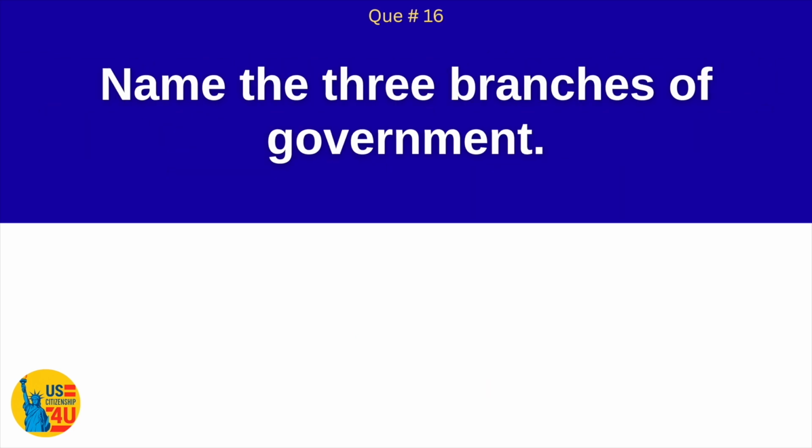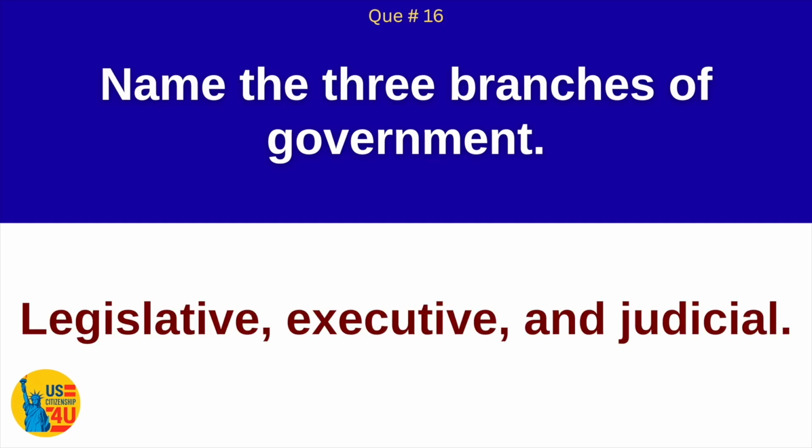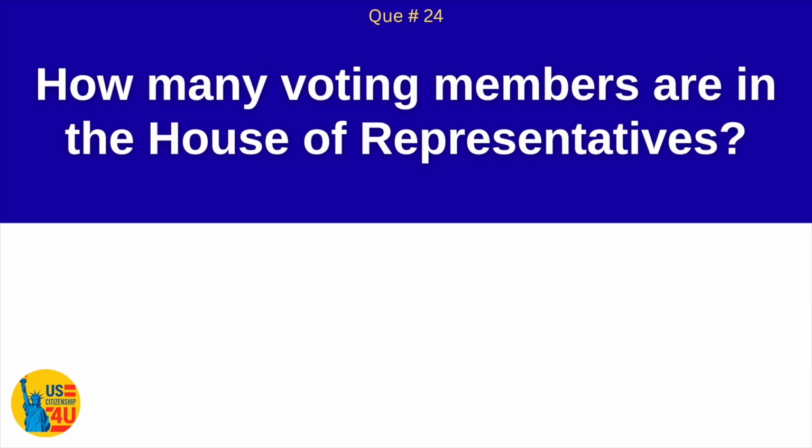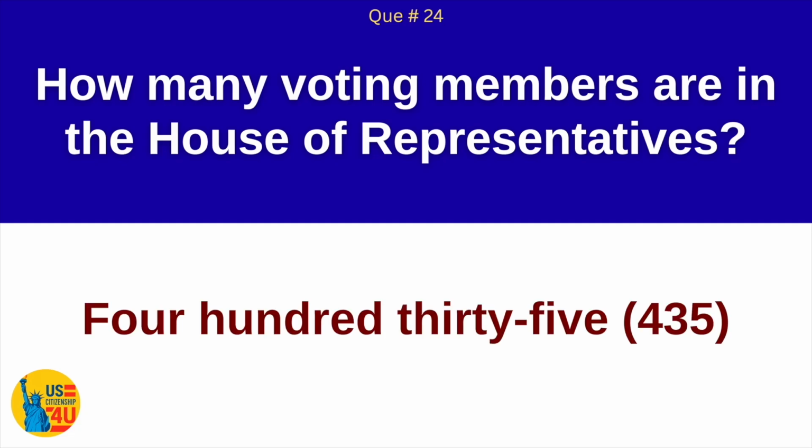Name the three branches of government. Legislative, executive, and judicial. How many voting members are in the House of Representatives? 435.